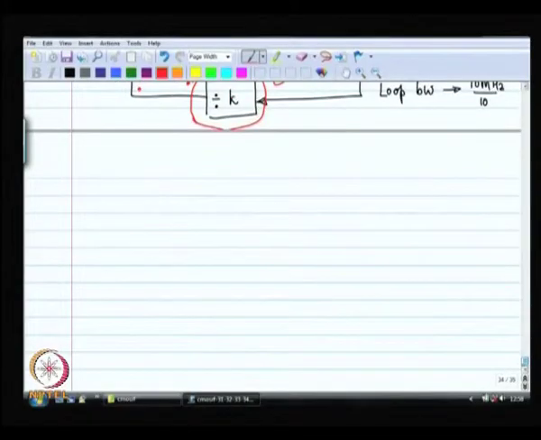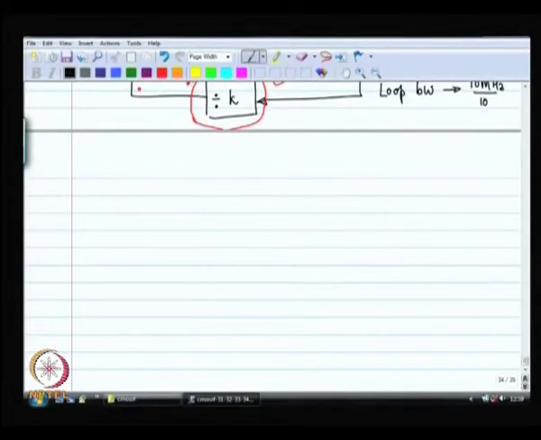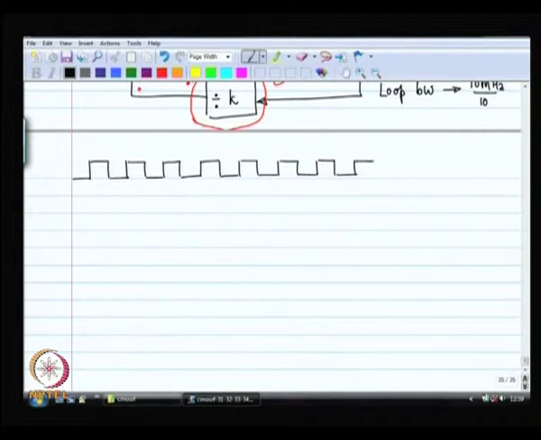Okay. So, let us try to divide by a non-integer, and as an example let us try to do the following. Let us say that I have got a clock running at 1 hertz.